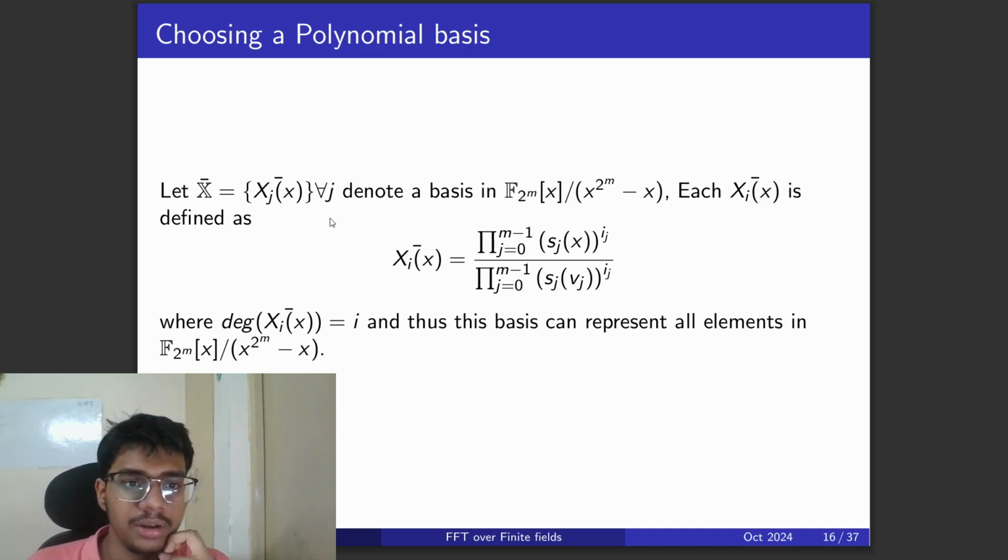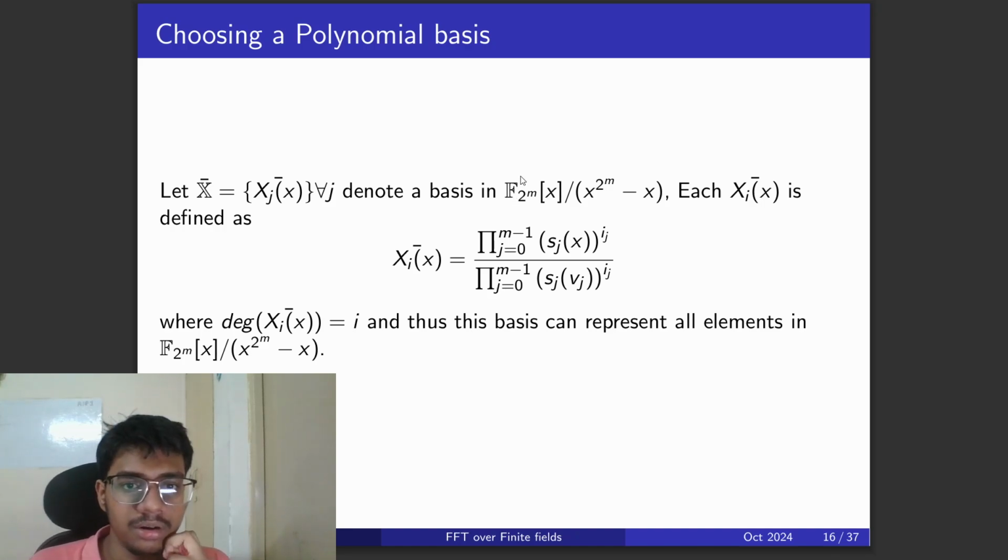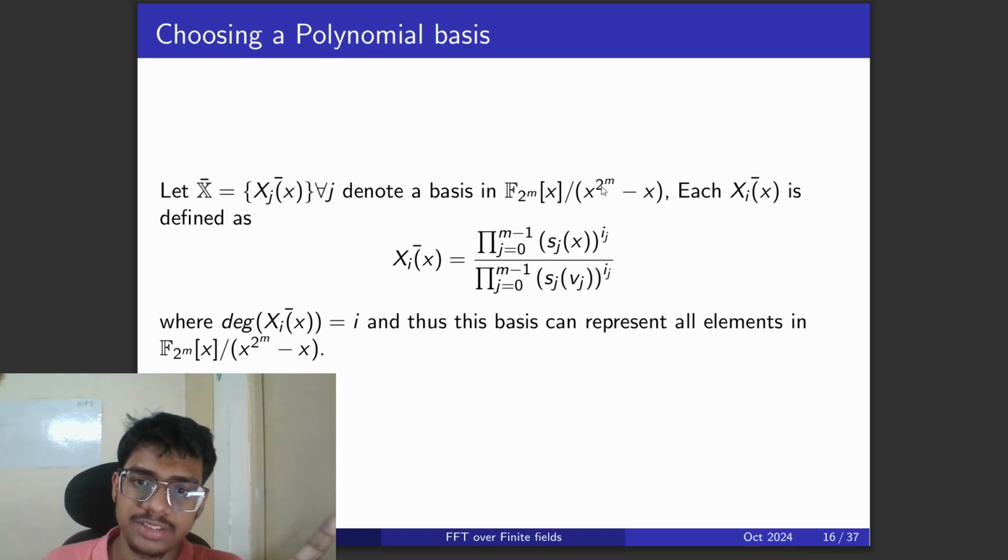So this is x bar g of x bar. We choose x bar as our basis, which is a field over dimension 2 to the power of m. So this is a polynomial of dimension 2 to the power of m, where we have a quotient space of x to the power of 2 to the power of n minus x.